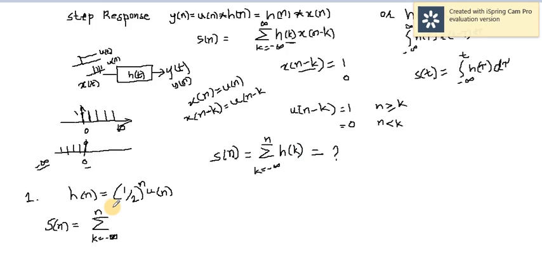Just for understanding, no need of drawing, but we will draw the signal. Half raised to n u of n means it runs from 0 onwards up till infinity. When n is 0, it is half raised to 0, so the value would be 1. So this is our h of n signal.